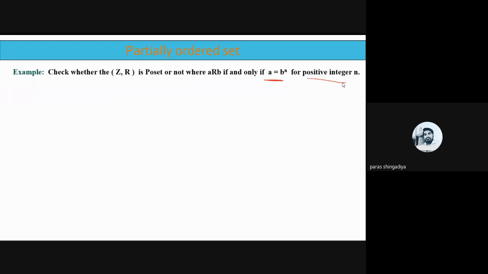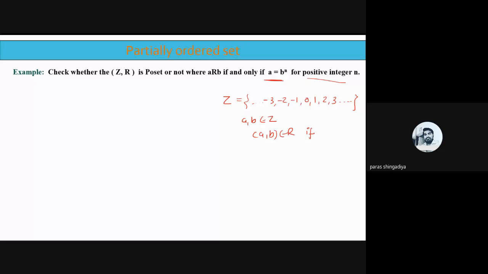Clear? So Z means the set of integers. (a, b) belongs to R if and only if a can be written as b raised to n, for n a positive integer.